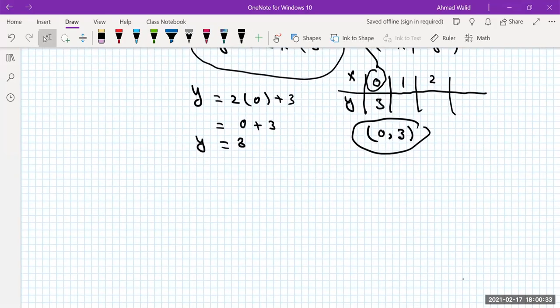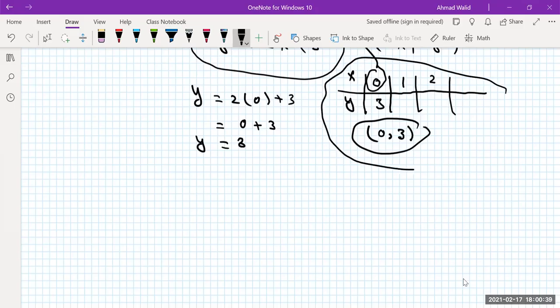Let me introduce a very important property here. Before, your teachers were telling you, when you want to graph an equation, use a table. Totally correct. But what is this table actually? This is one of the important properties of equations in two variables.